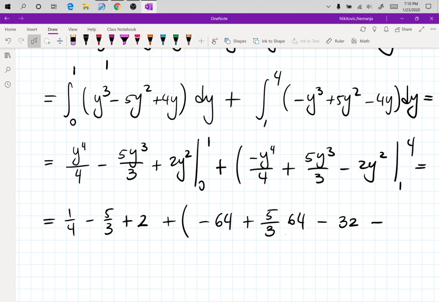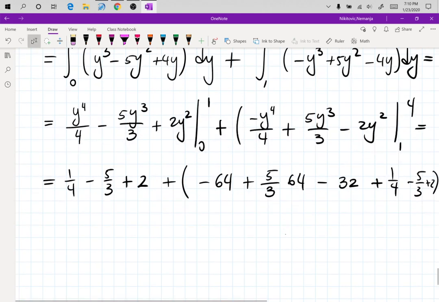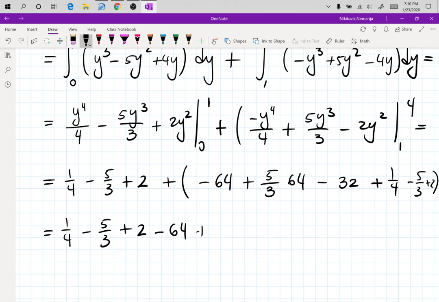Minus, it will be actually a plus 1/4, and then plug in 1, that's minus 5/3, and the minus of minus 2, plus 2. So: 1/4 minus 5/3 plus 2 minus 64 plus 5/3 times 64 minus 32 plus 1/4 minus 5/3 plus 2.